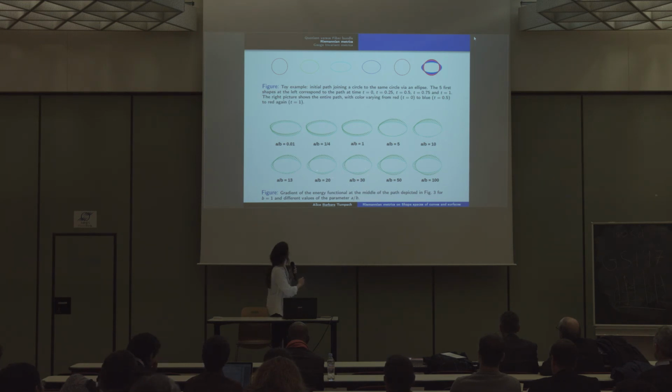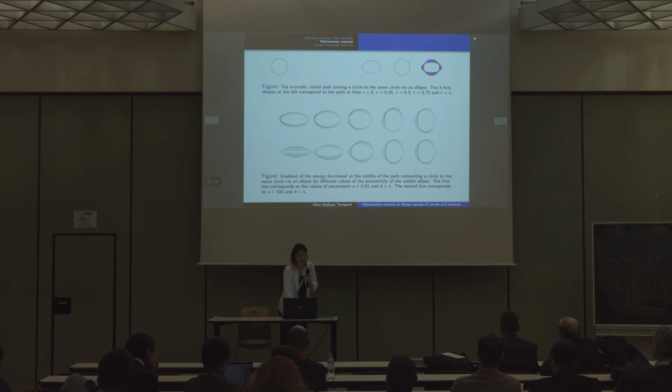But in fact, this happens only with A over B quite large. And in fact, this depends on the eccentricity of the middle ellipse. So here, you have the same picture, but we vary the eccentricity of the middle ellipse of the initial path.